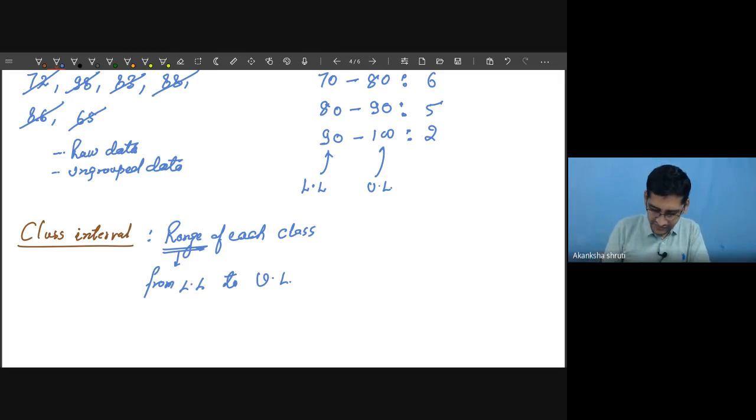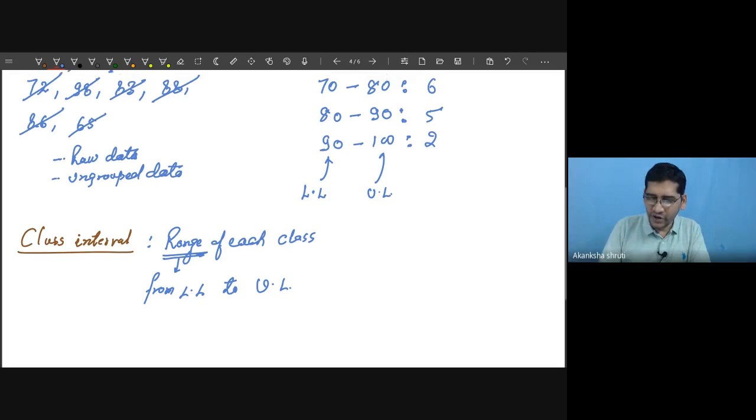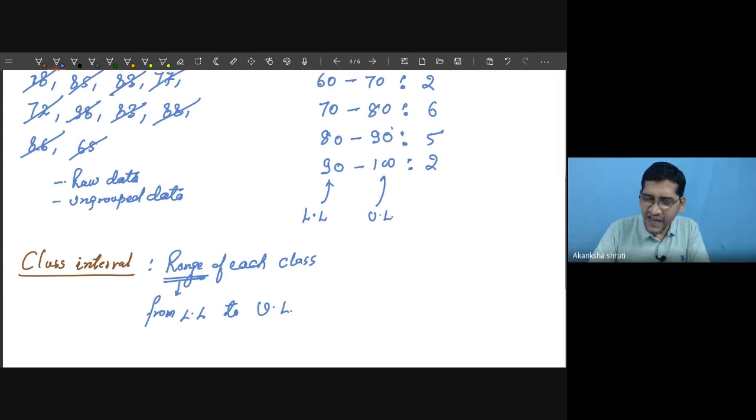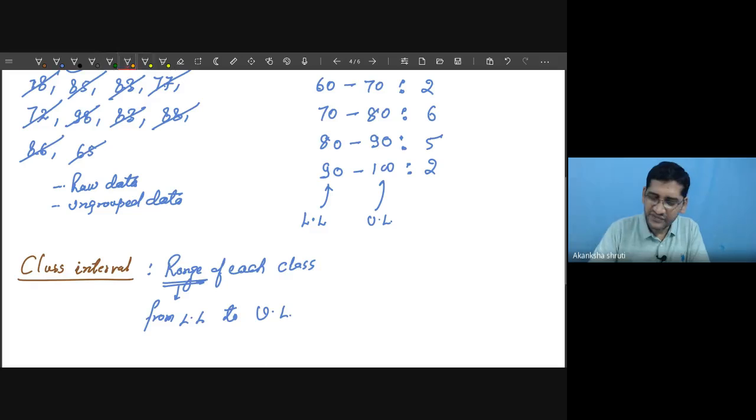Okay? Right here we are observing that this 90 is overlapping. 90 is acting as the lower limit for 90 to 100, but as the upper limit for 80 to 90.